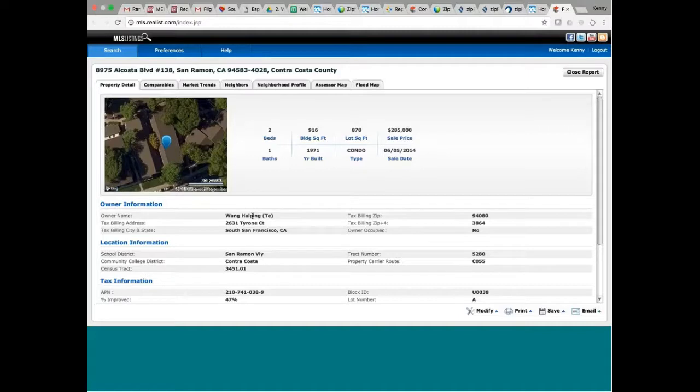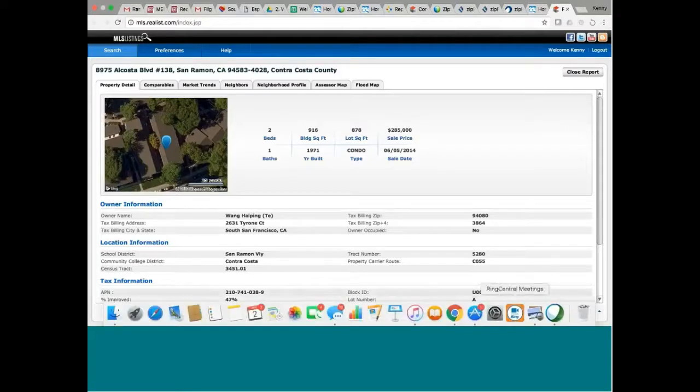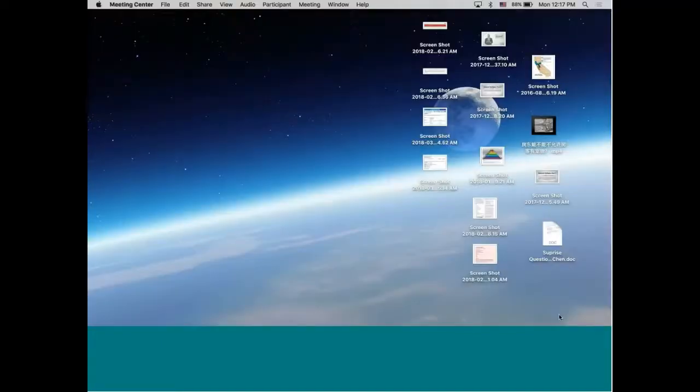You get the document that shows all the property owners' names. But if you only have one owner, then it's easy. If you have more than one, then you need to check out the grant deed, figure it out.